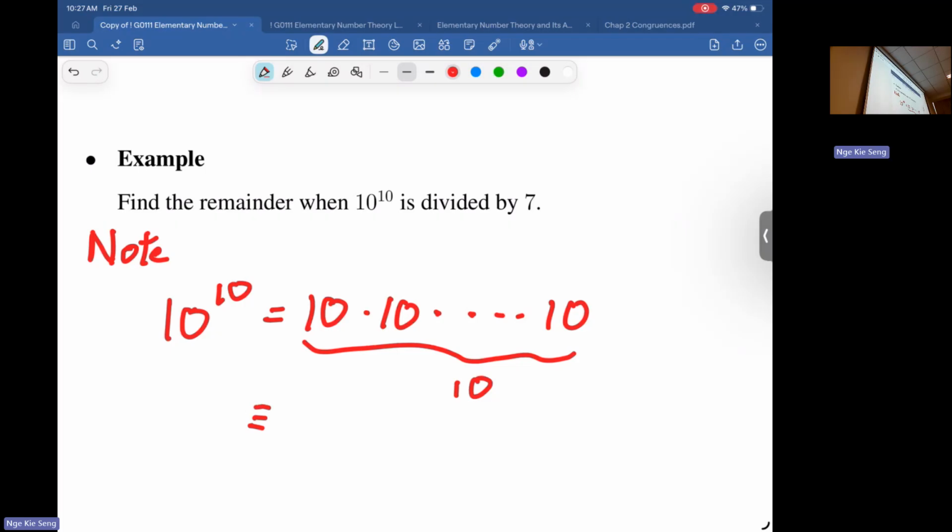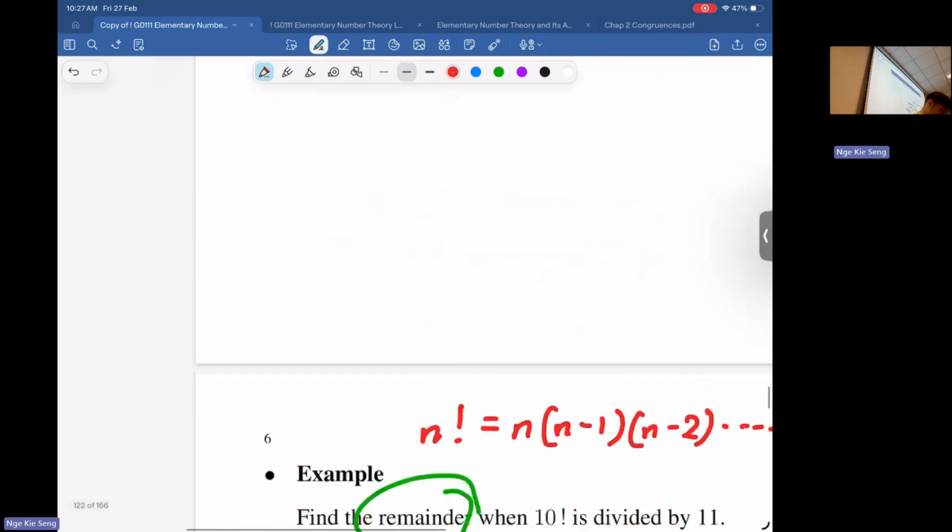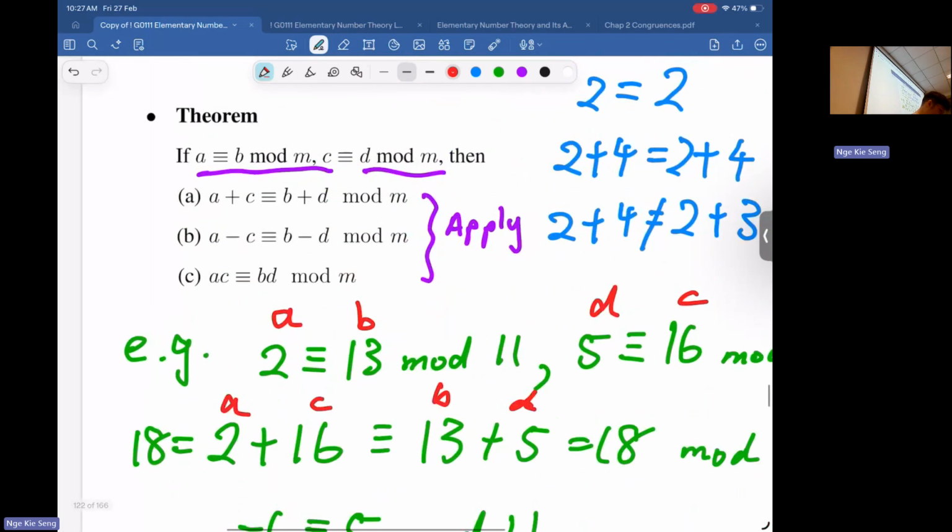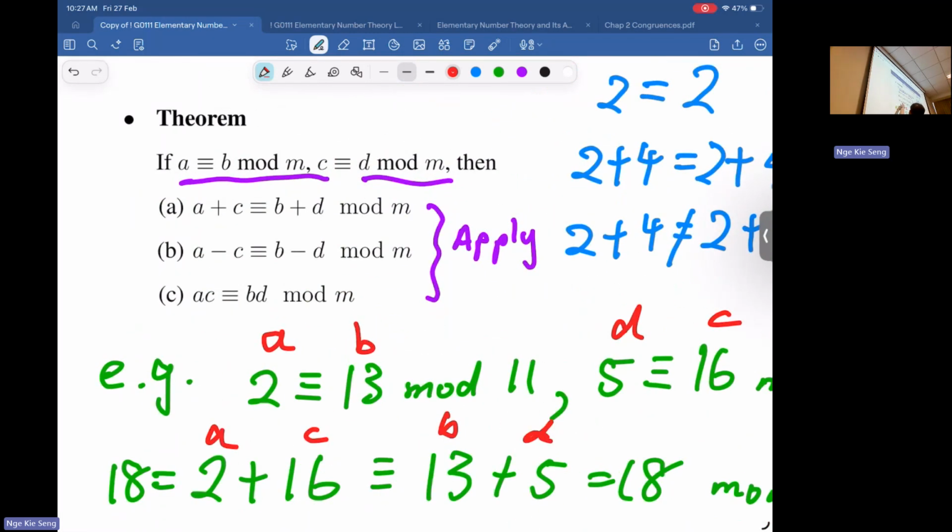By the congruence law, as long as you can find this congruent to some other number for which you know how to find the remainder, then you will know the remainder of this huge number. So we split it into products. Again, this theorem becomes very convenient, because you can replace every term inside your product with a new congruence.